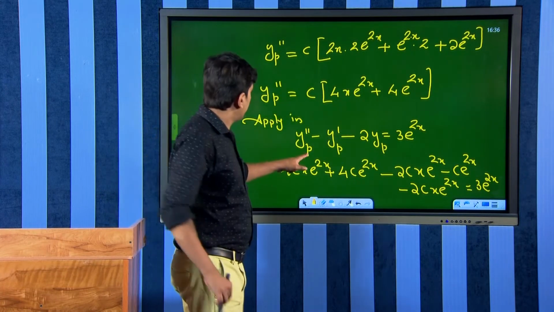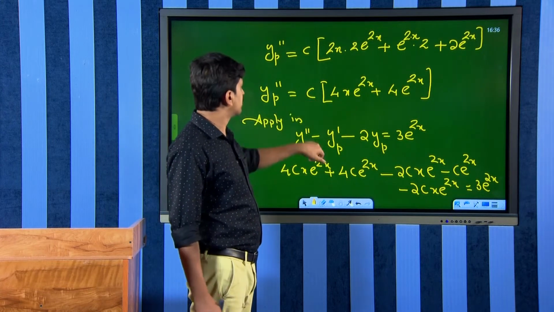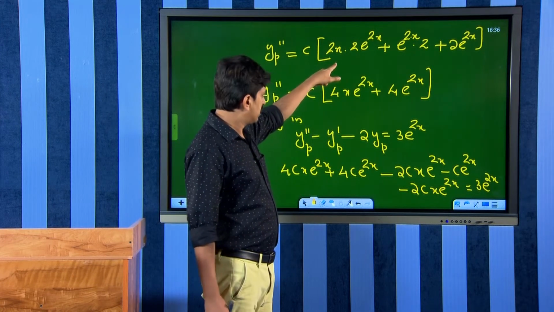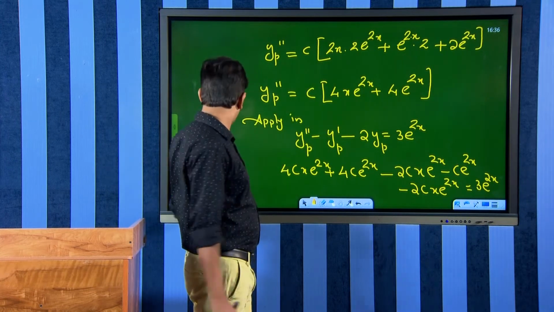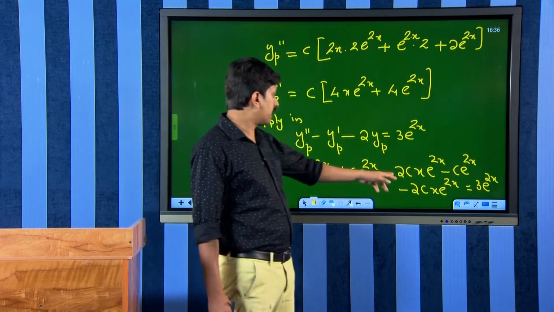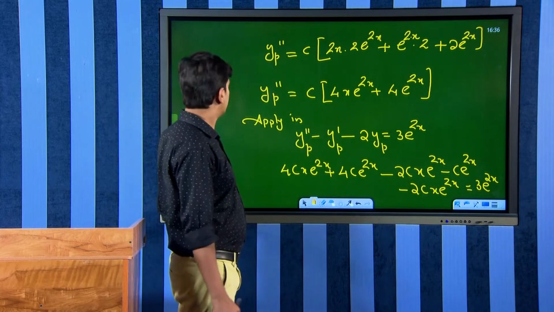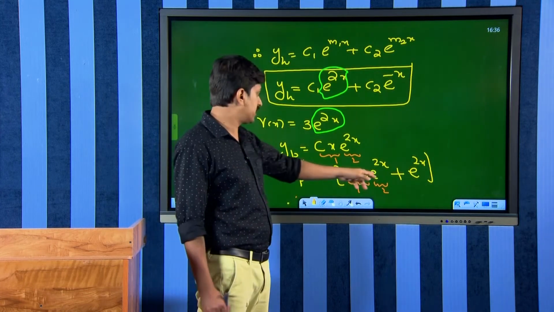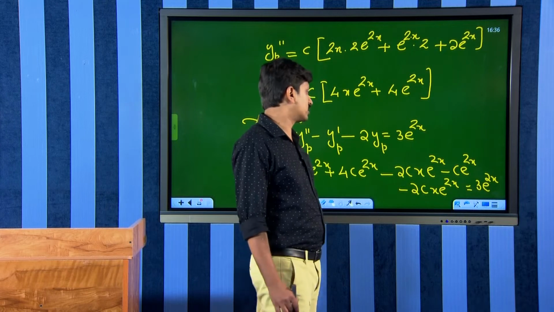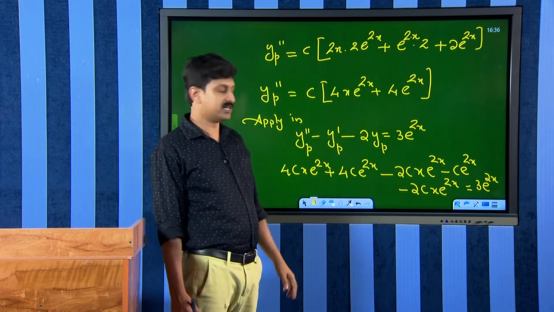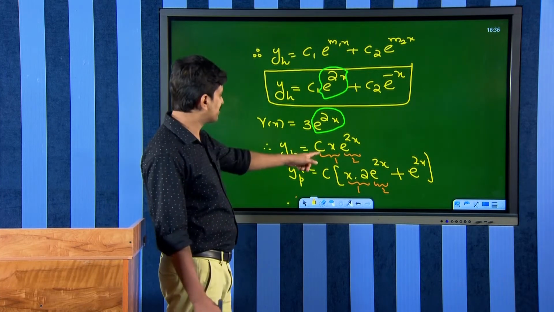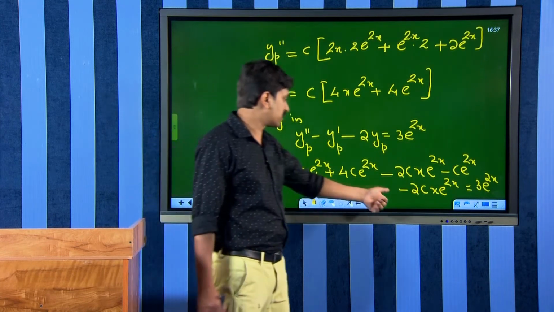Okay, see yp double dash is equal to 4 c x e raised to 2x plus 4 c e raised to 2x, and minus yp dash is equal to minus 2 c x e raised to 2x and minus c e raised to 2x, and finally minus 2 yp, where yp is c x e raised to 2x, that is minus 2 c x e raised to 2x.